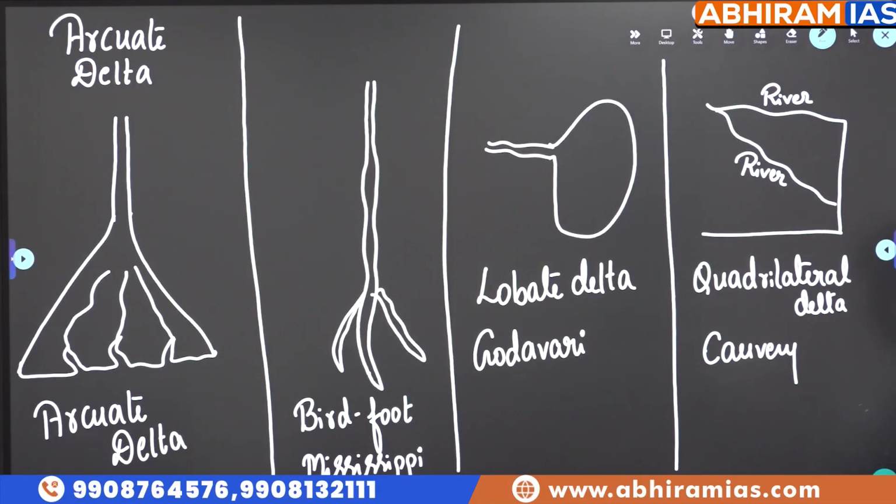Next, quadrilateral delta. When deposits occur because of distributaries in quadrilateral form, then it is quadrilateral delta.